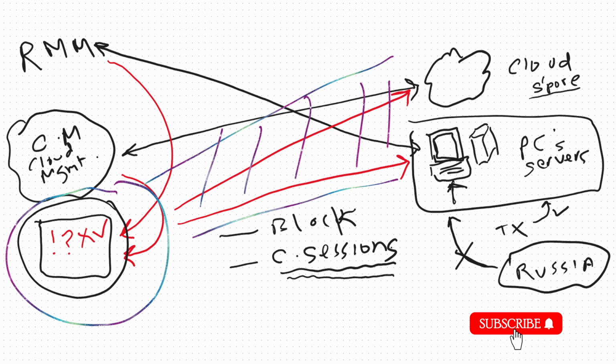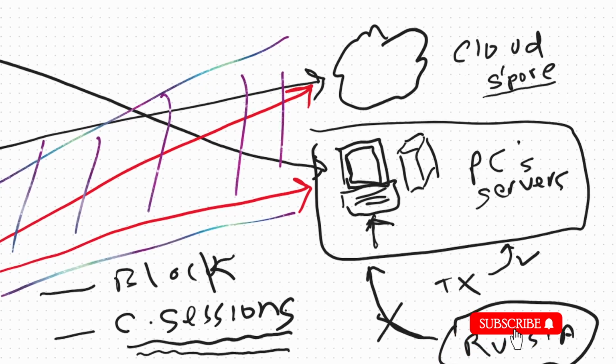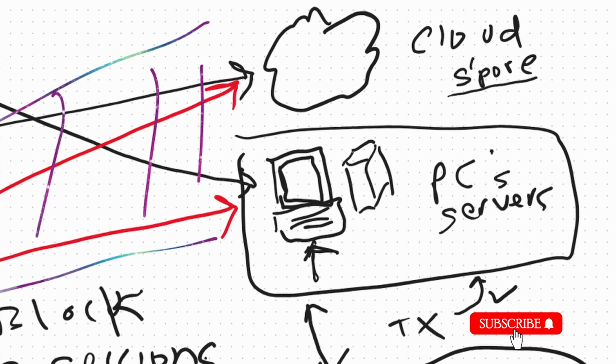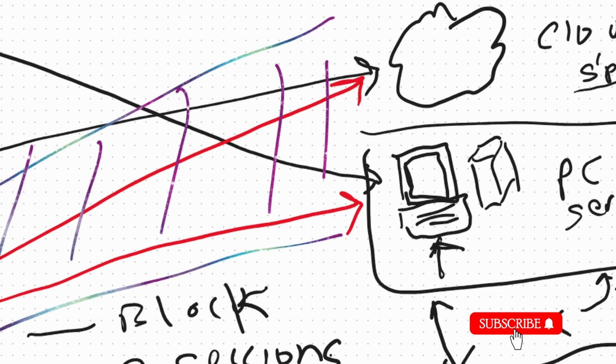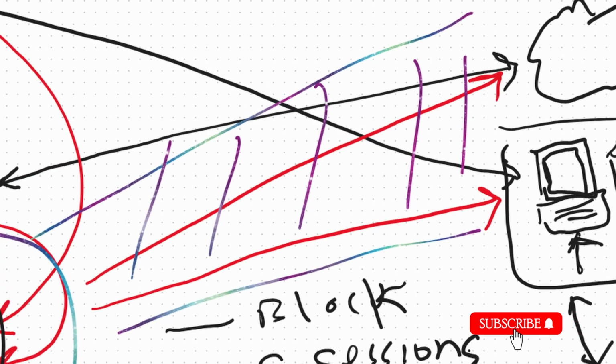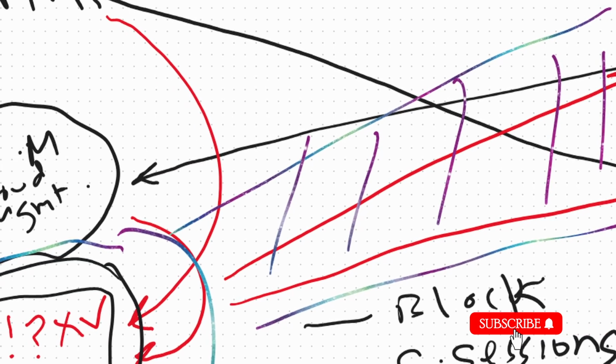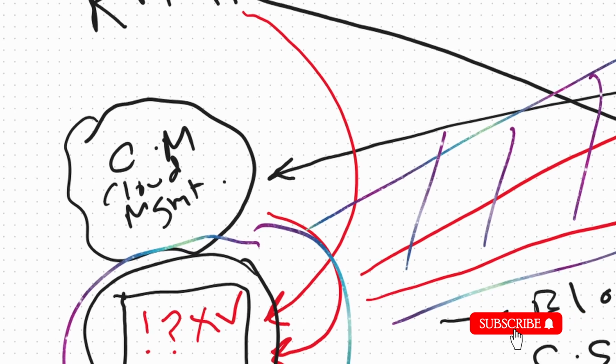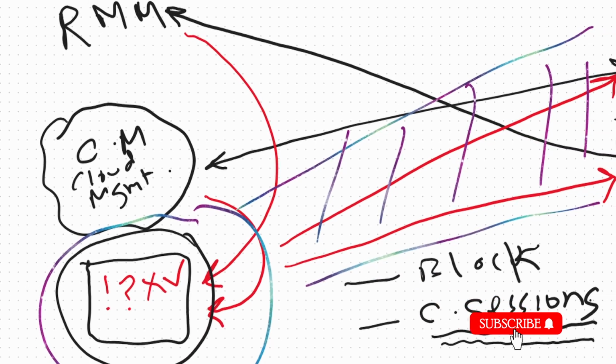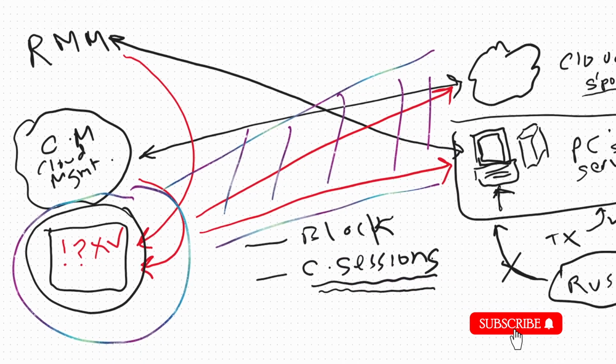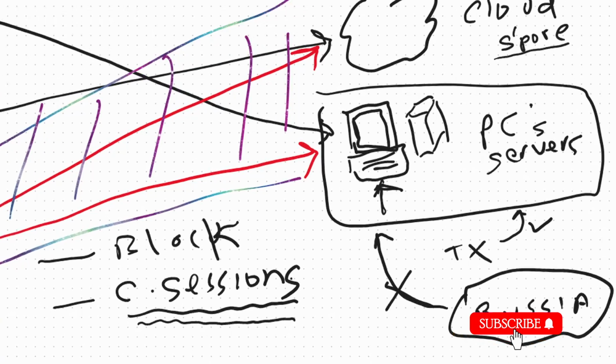That's on the side. The customer has a few things. So they have cloud services. One of the things that we do that's a little different, that a lot of people don't see, is we have our cloud management system. So this system is sitting over here on the side.